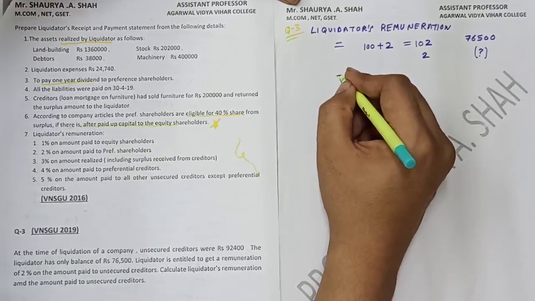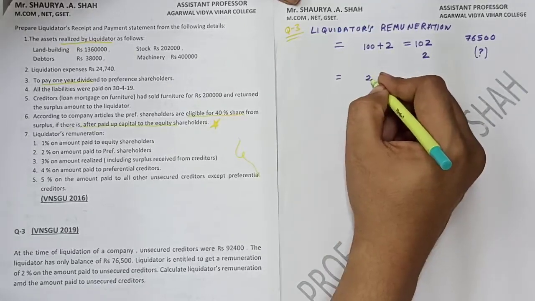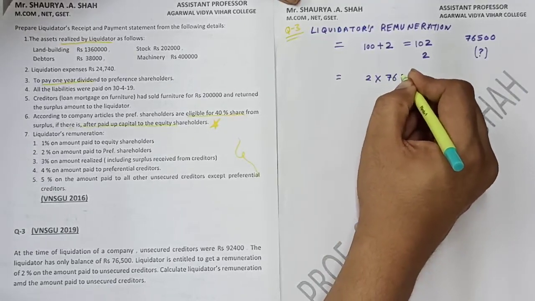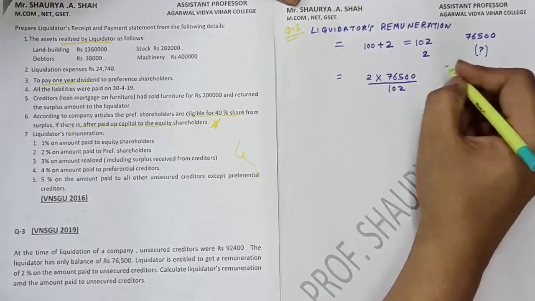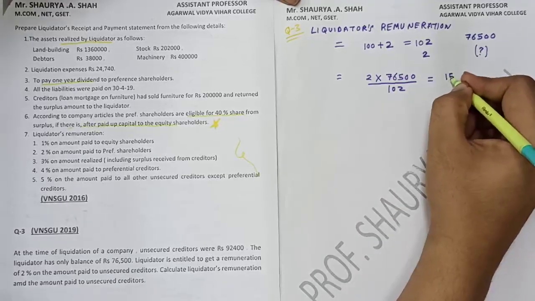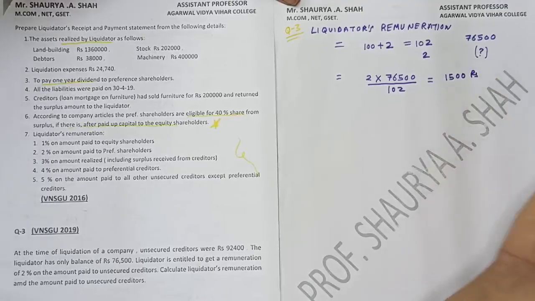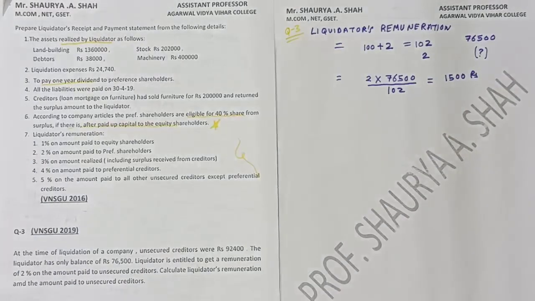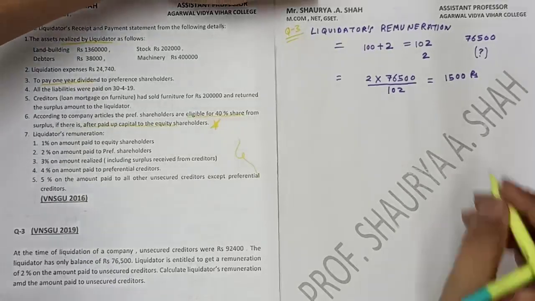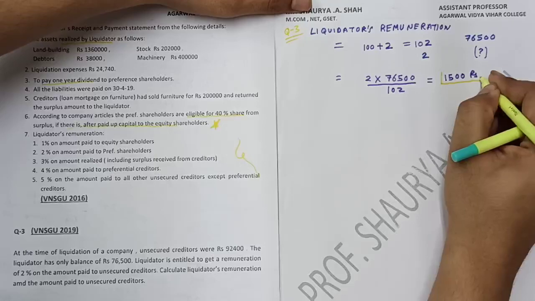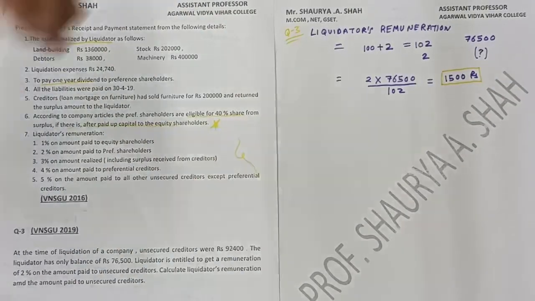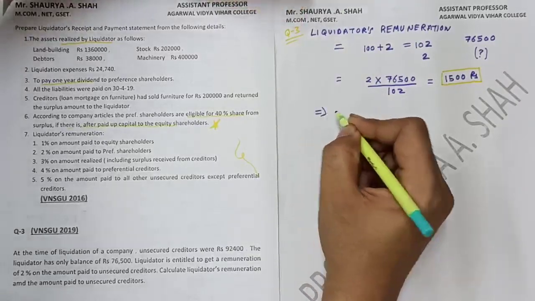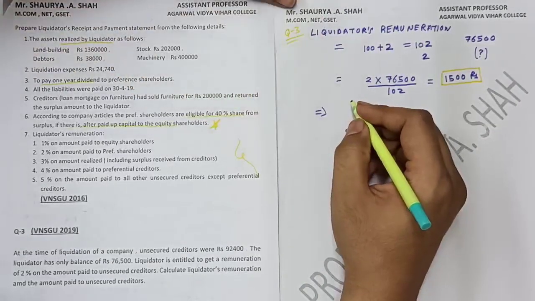So we'll be putting it in the equation: 2 into 76,500 divided by 102 gives me the answer of 1500 rupees if you calculate, right? So what is my liquidators remuneration? My liquidators remuneration is 1500 rupees. This is the first answer which is asked in the sum. After solving this, you will easily get the amount paid to unsecured creditors.